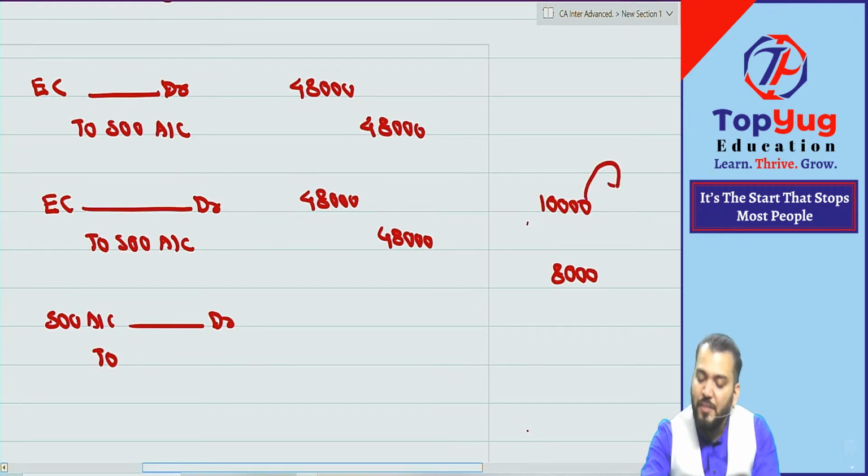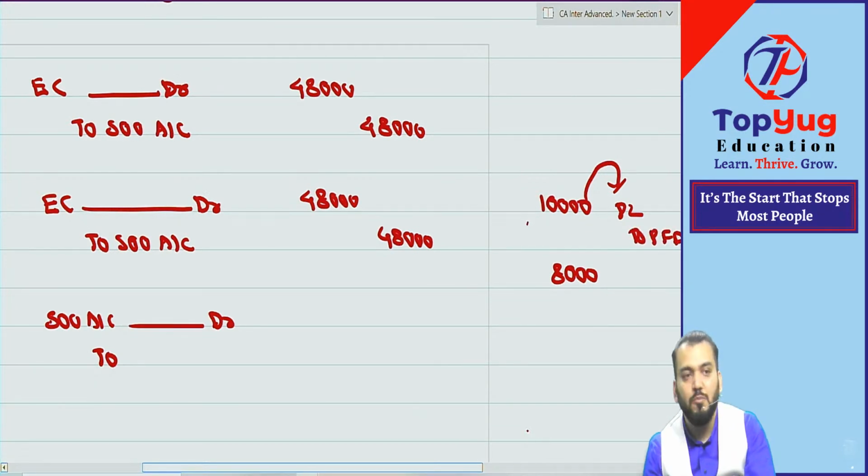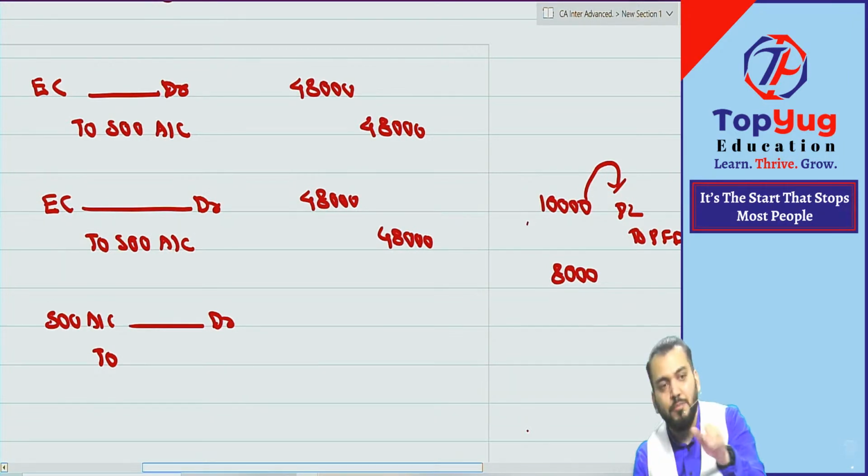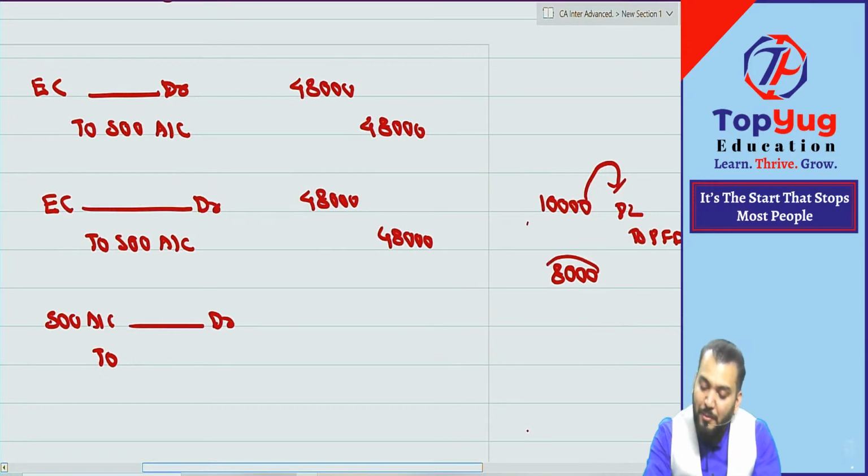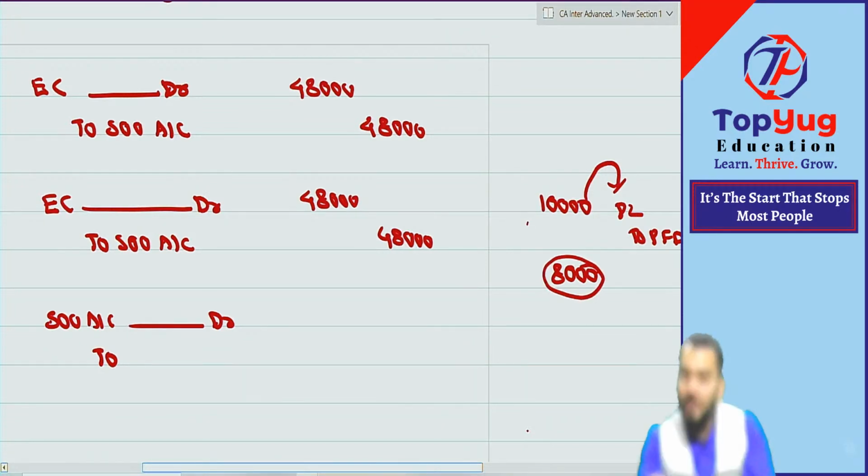This you have created from PL only. Your journal entry was PL account debit to provision for doubtful debt. Speak up! This is the journal entry for creation of provision, na, PL account. But actually your bad debt was only 8,000. So you need to reverse 2,000. Will this reversal be through general reserve or PL? PL only na. So simply this is a reduction of expense. Reduction of expense will be adjusted with PL, not with general reserve.